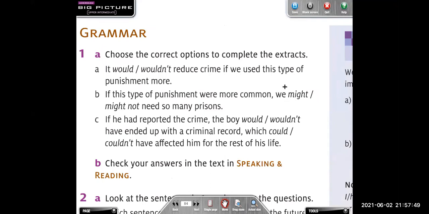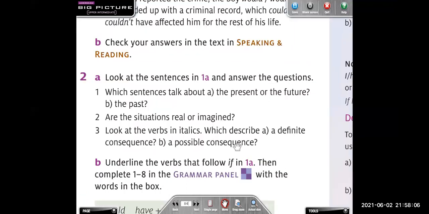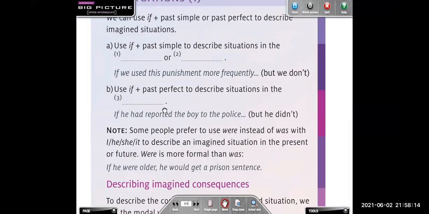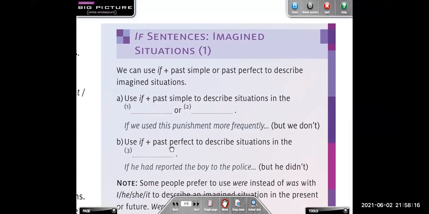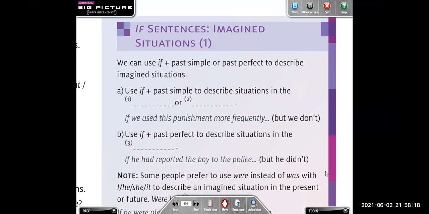Because we have might not in this one, right? So it's a possible consequence. And the other ones are definite consequences. Okay, very good. So here we have the grammar panel. This is going to be your homework.